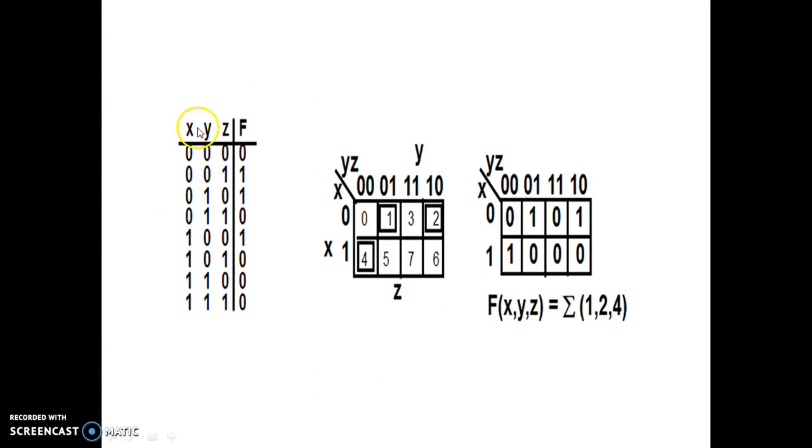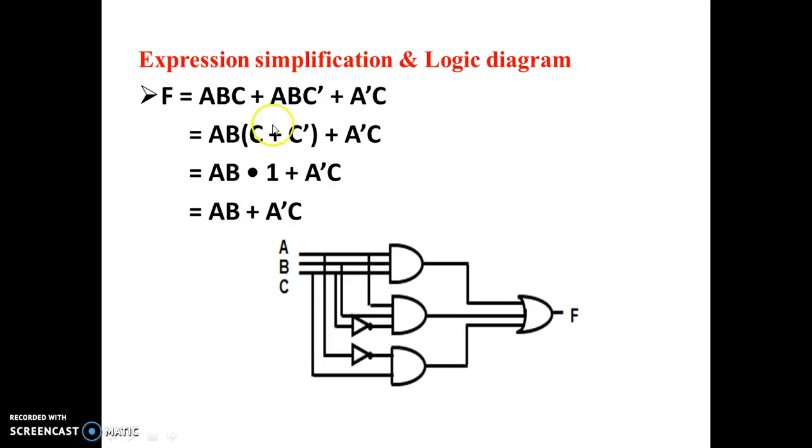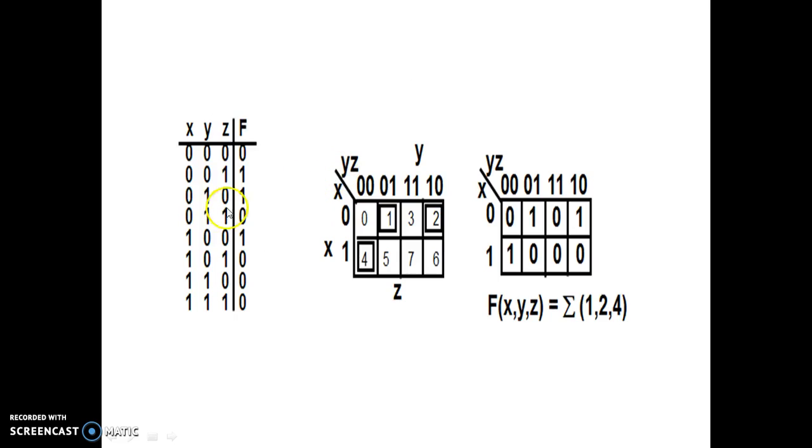So the input function has 4 zeros and 4 ones, and 0 1 0 1 is the F function. So F means ABC plus ABC dash plus A dash C. By applying these inputs to the function, we can get the output in the form of 0 1 1 0 1 0 0 0. So we have to form a K-map table.